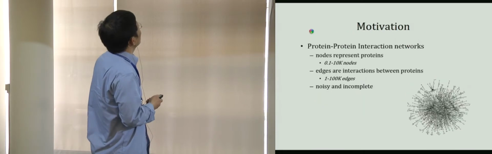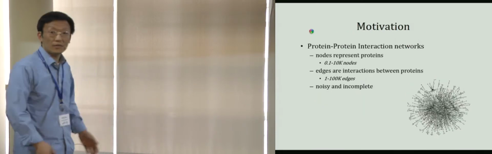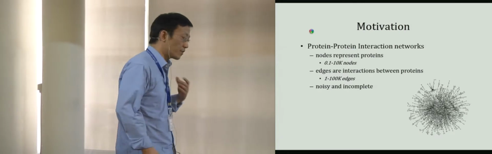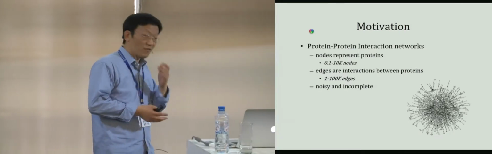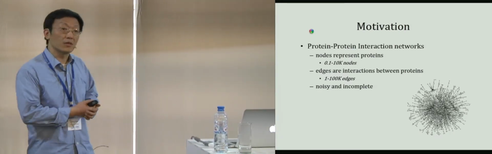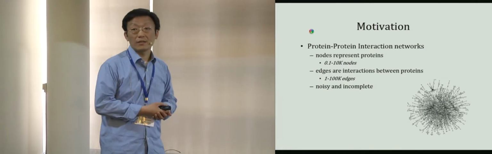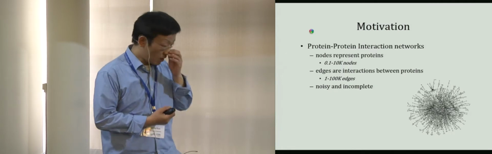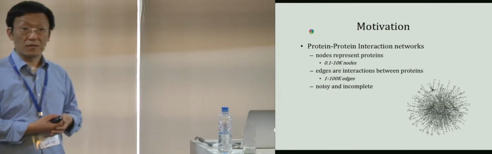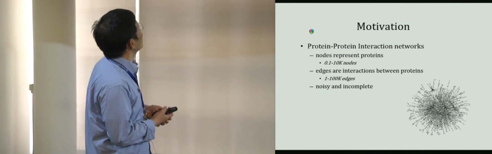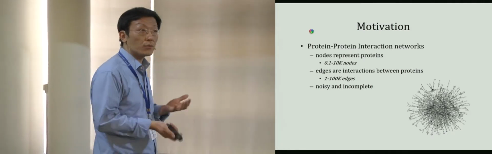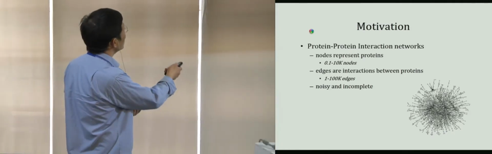So what is the motivation? This comparison of graphs is one of the most well-studied problems in graph theory. For example, it can find application in bioinformatics, given protein-protein interaction networks, which look somehow like this.